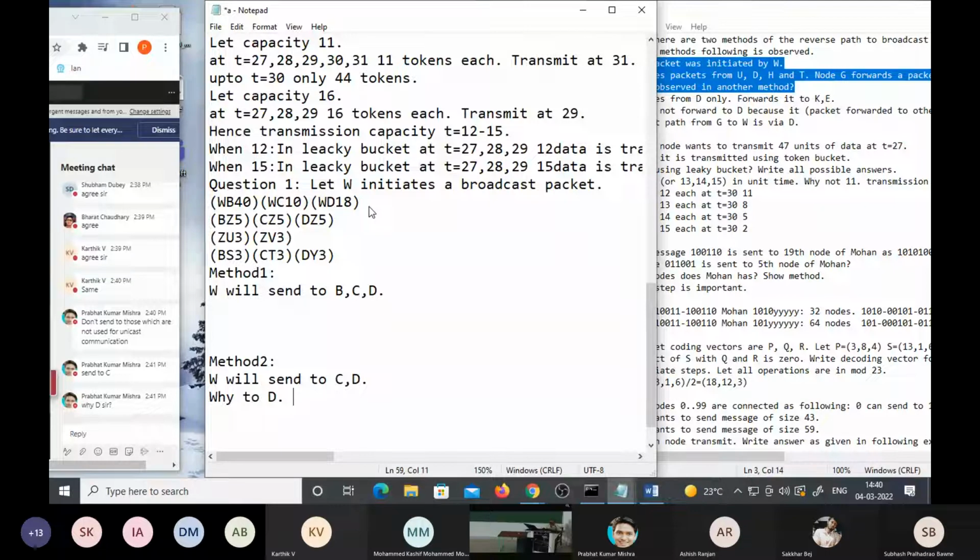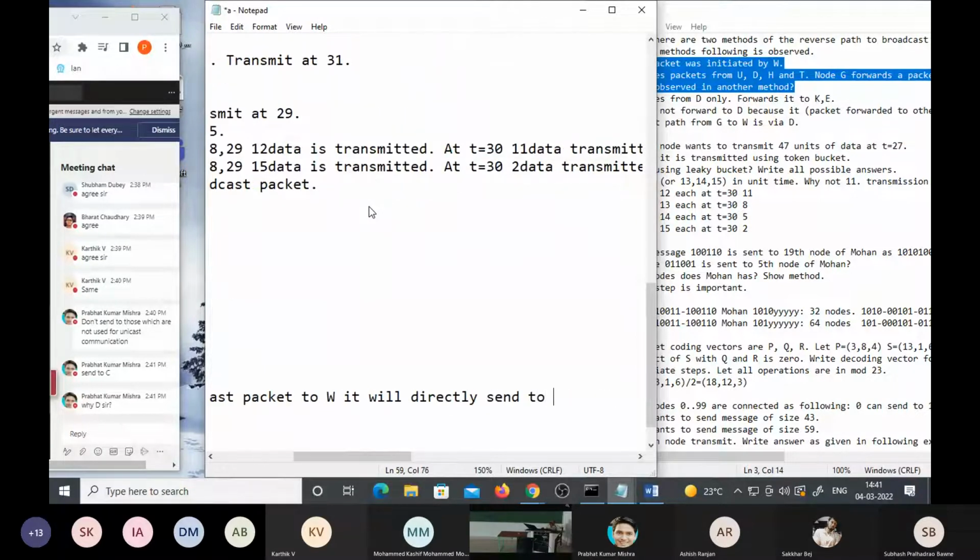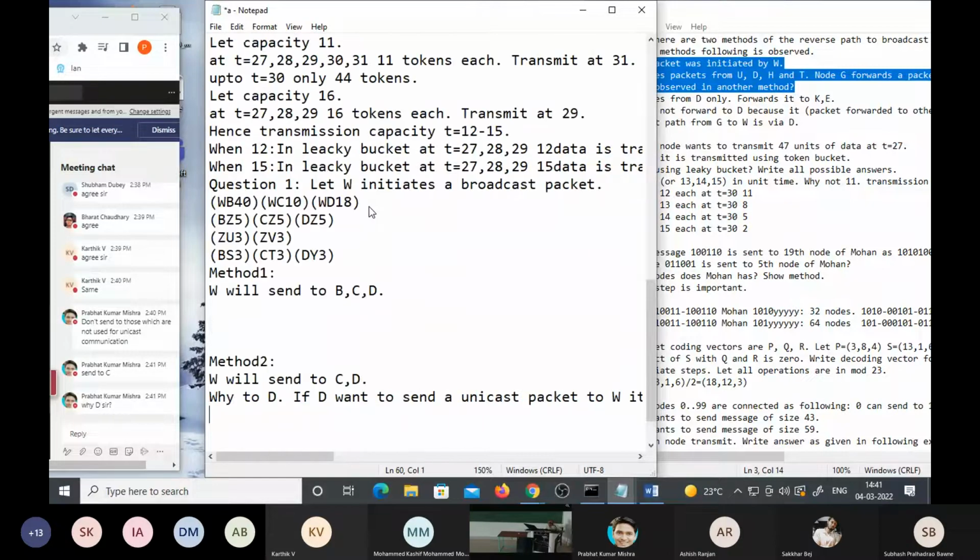If D wants to send a unicast packet to W, it will directly send to W. Do you agree?